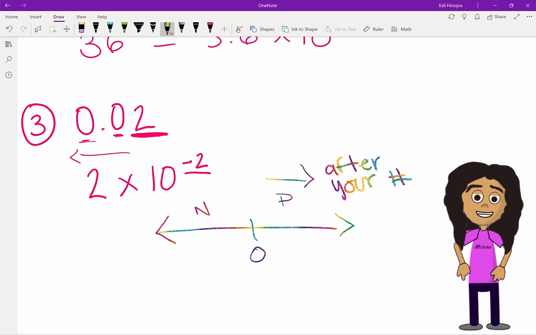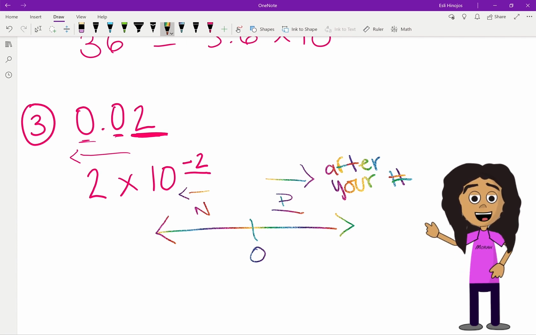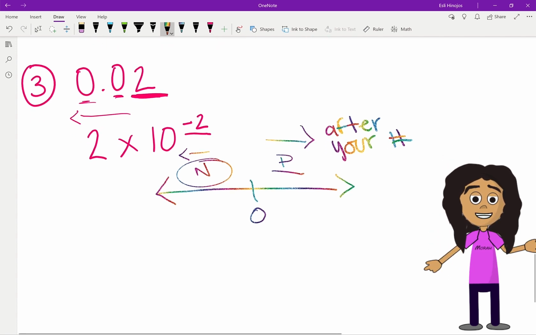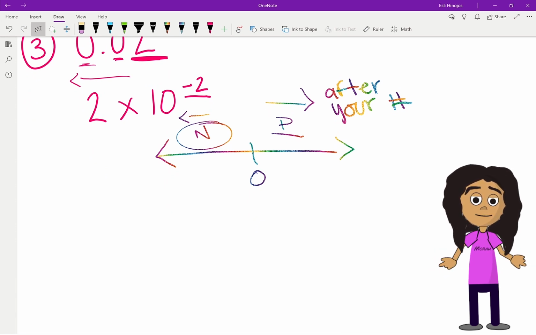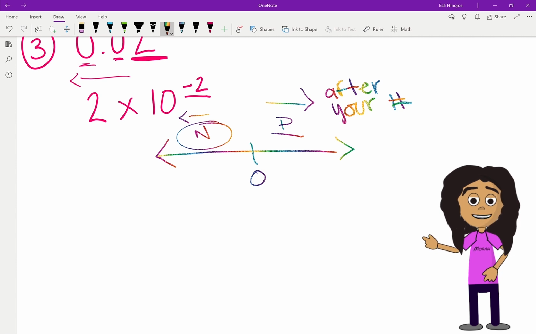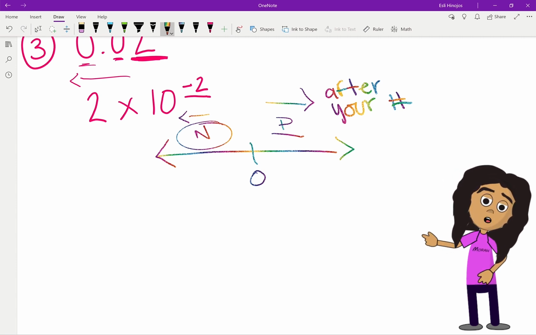I don't remember exactly, but all you have to remember is that if you have zeros in front of the number that falls between 1 and 10, then it's going to be a negative exponent. Just remember that, okay? Don't tell her I said that.